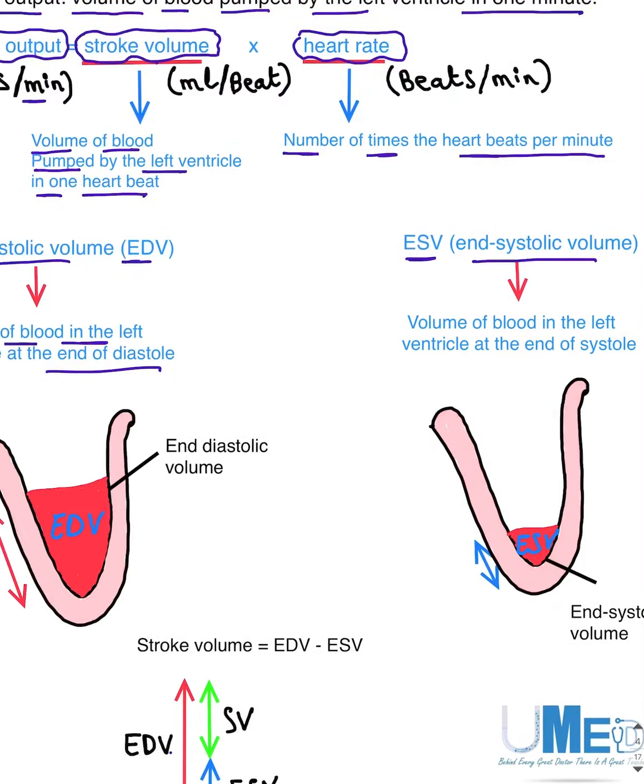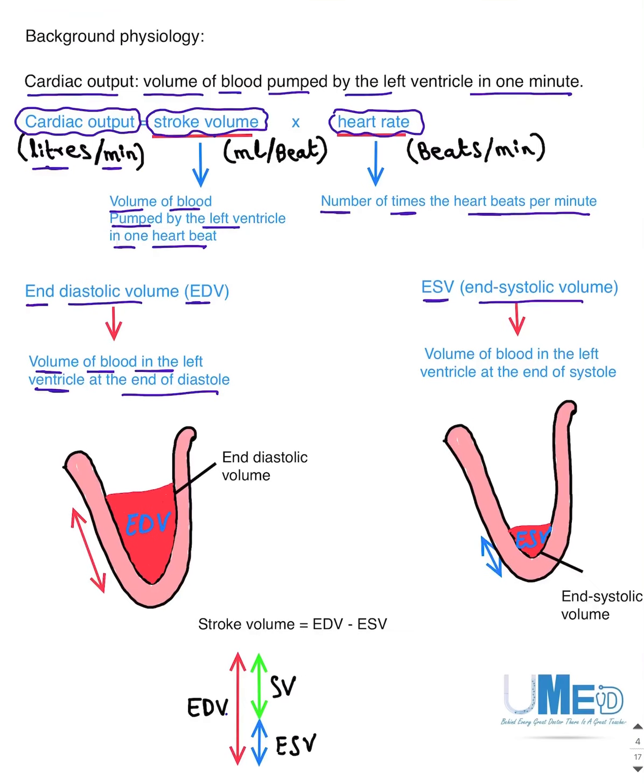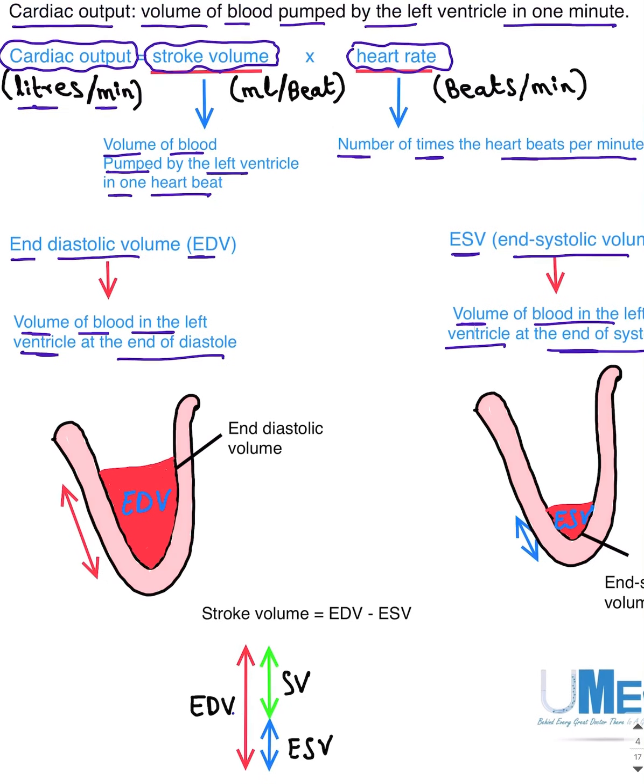So what about end systolic volume? Obviously the left ventricle contracts and ejects the blood into the aorta and the blood leaves the left ventricle. So the volume of the blood in the left ventricle after the left ventricle contracts, or at the end of the systole, is known as the end systolic volume, right? So basically there's a diagrammatic illustration.